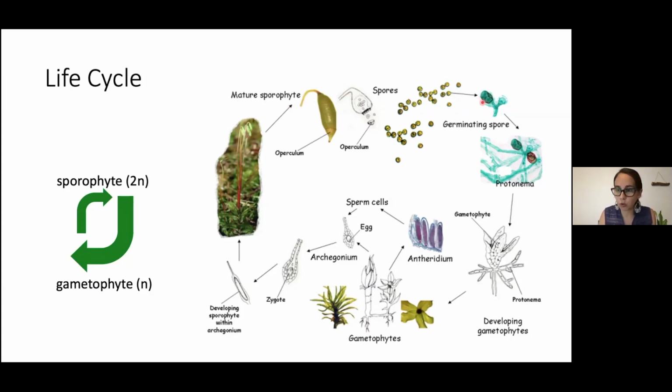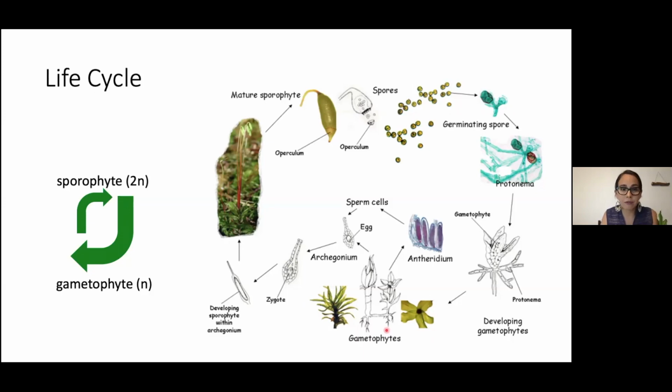The spores will germinate into a protonema, and that protonema will then become the gametophyte or the gametophytic plant. And this plant will have, in the case of mosses, leaves or something that looks like leaves, but they are not true leaves. And they will also have structures that look like roots, but they are not roots.